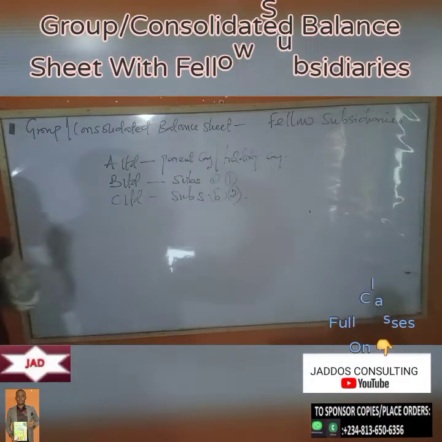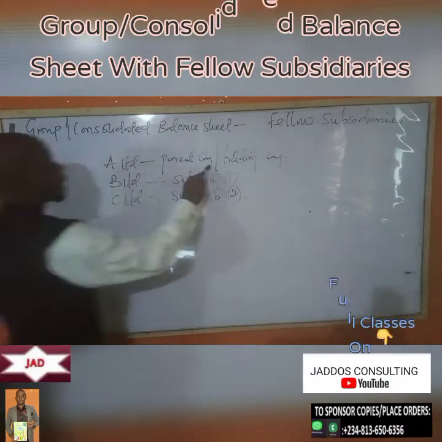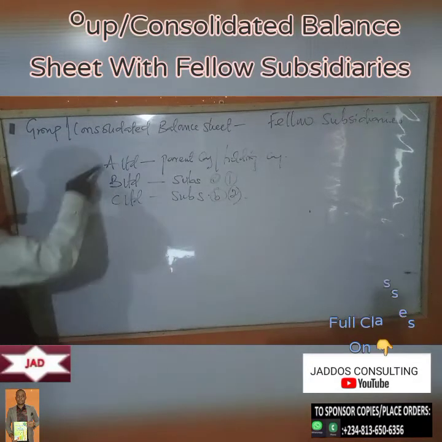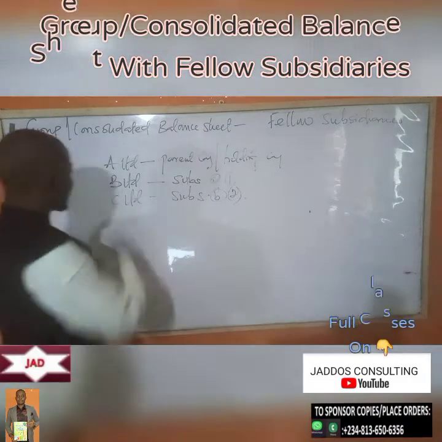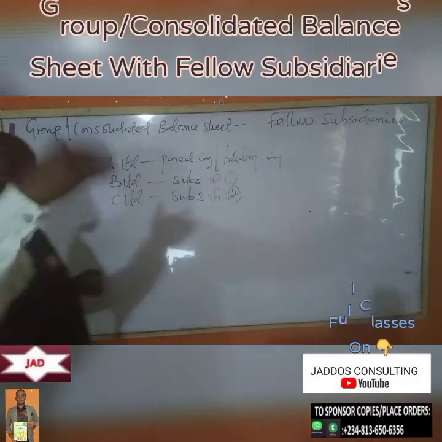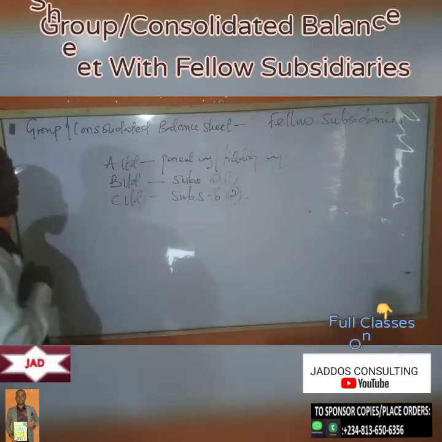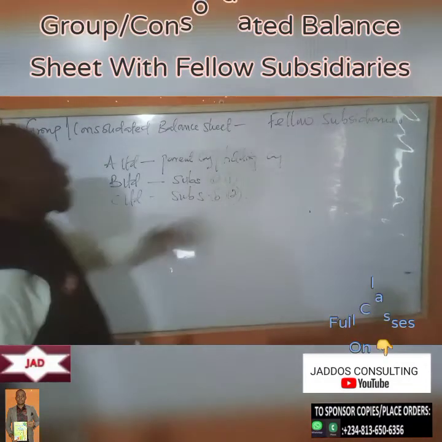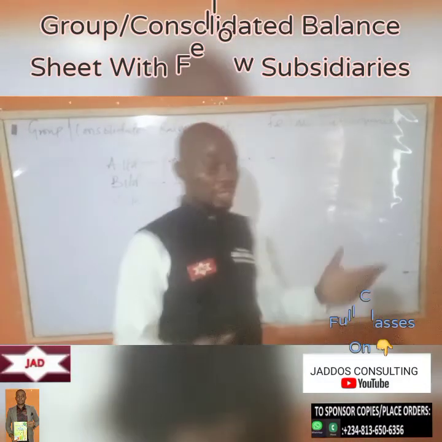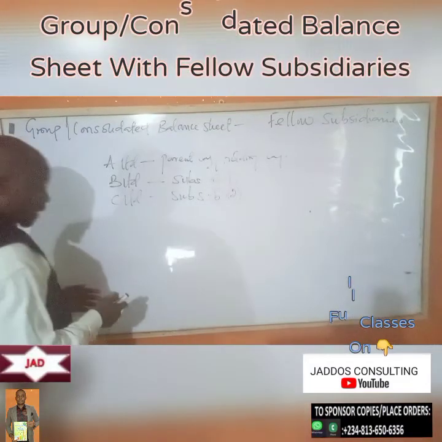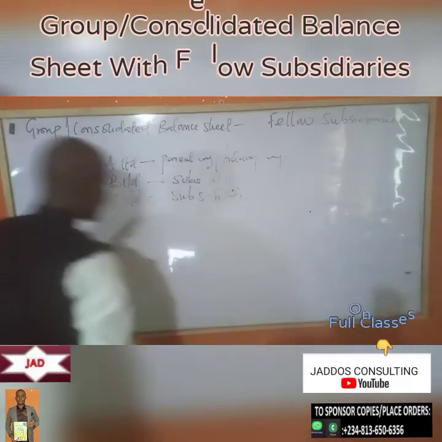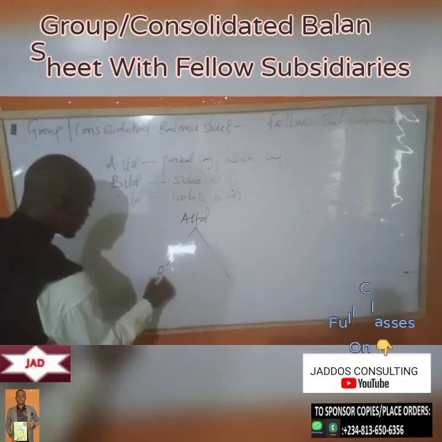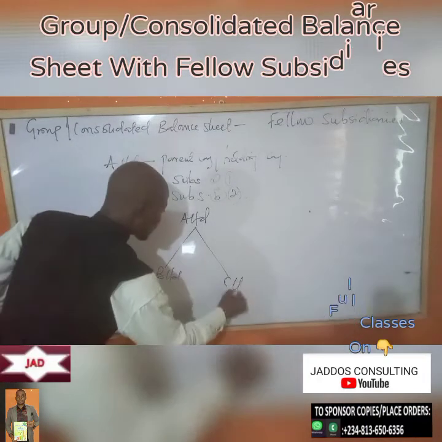What I'm trying to make you understand here is that A Limited is the parent company, B is a subsidiary, C is a subsidiary. So A Limited has controlling interest in B Limited. It also has controlling interest in C Limited. So we can conclude that B and C are fellow subsidiaries. They are subsidiaries and co. So A Limited is controlling B Limited and is controlling C Limited.